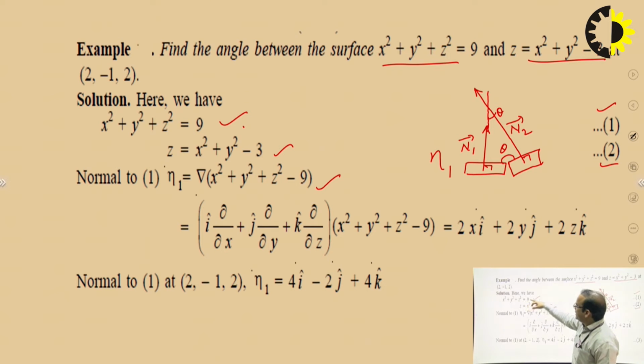the gradient of the first surface, x square plus y square plus z square minus 9, and the del of it is given by this expression.